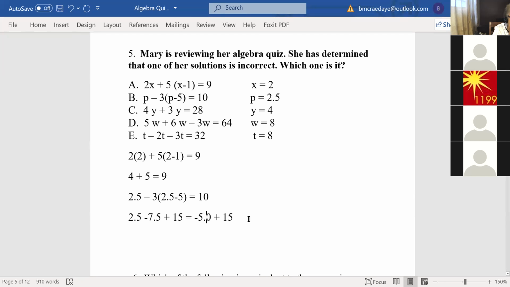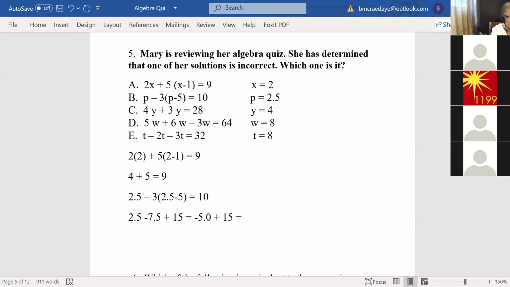Okay, what's a minus 5 and a plus 15? Math is weird.